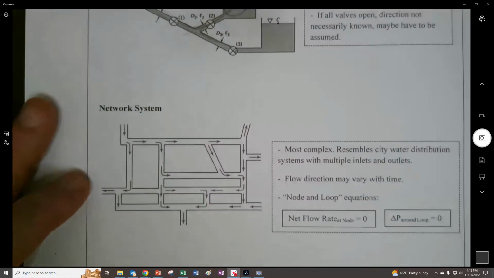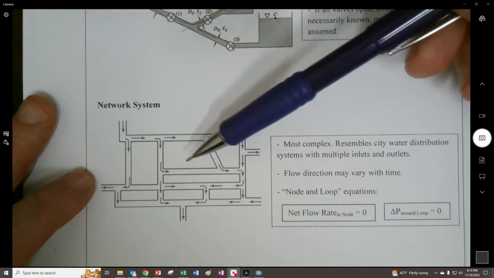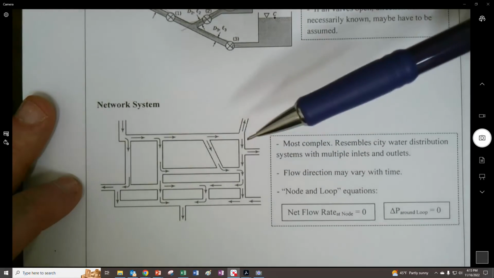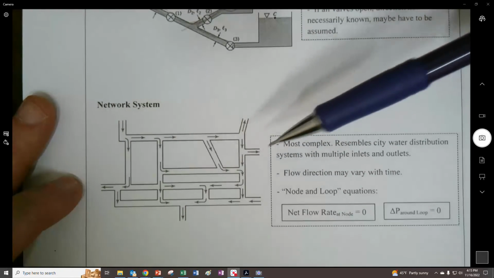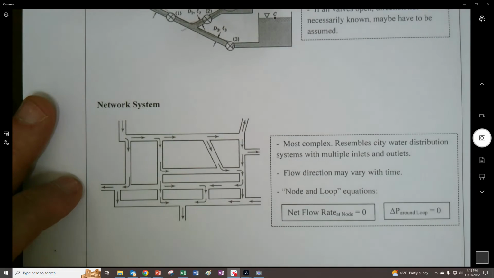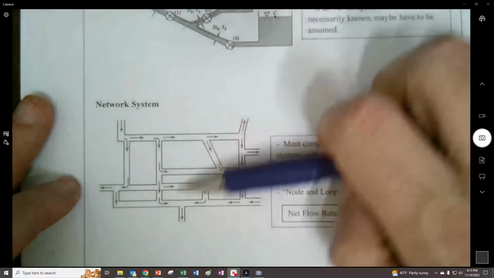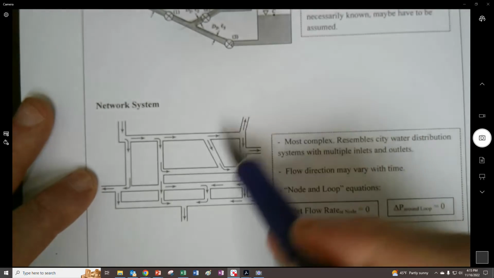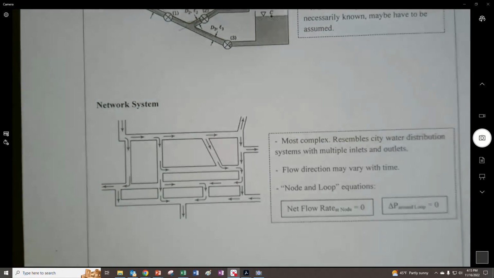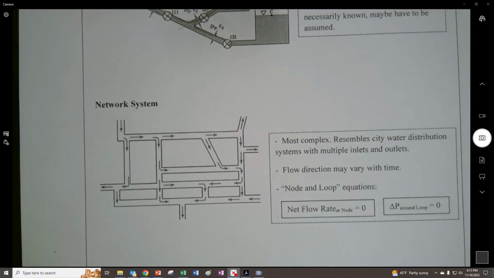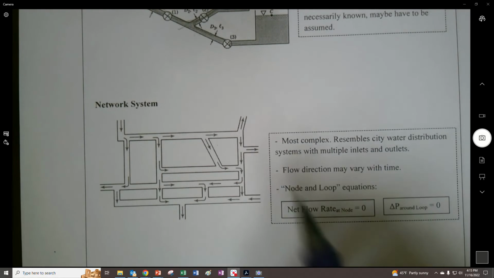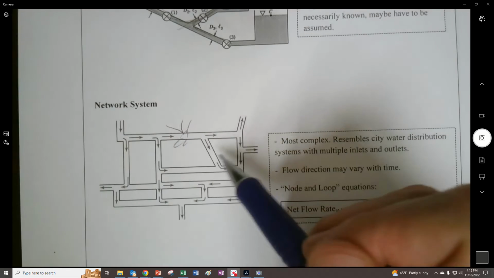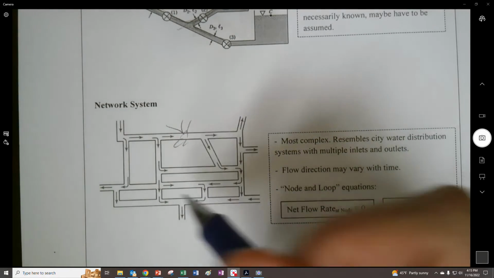Notably, we can have a much more complicated network of things going on, and this is a real problem. This actually does happen. A lot of times you don't want to have it just go into a single branch, because what if there's a network for fire hydrants in a city, and just because you have a break down here, it disables the entire thing?